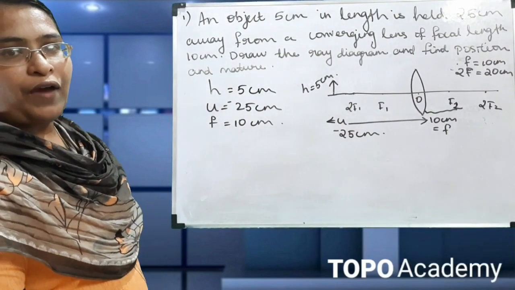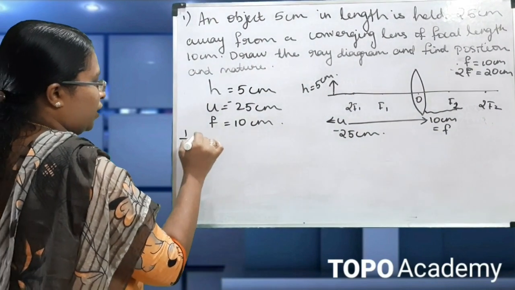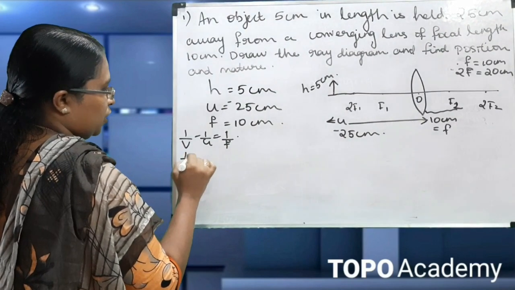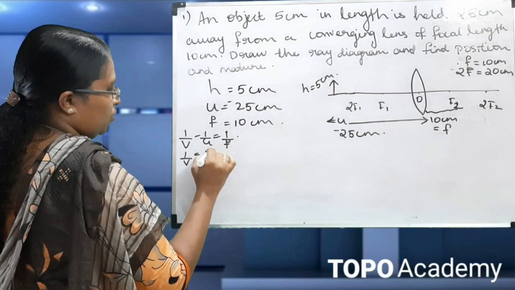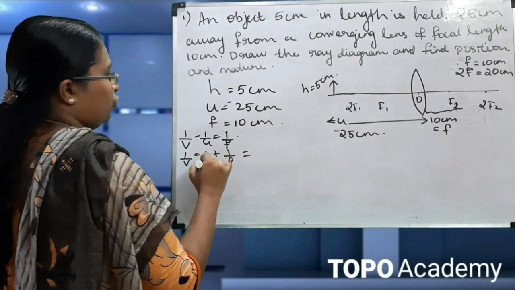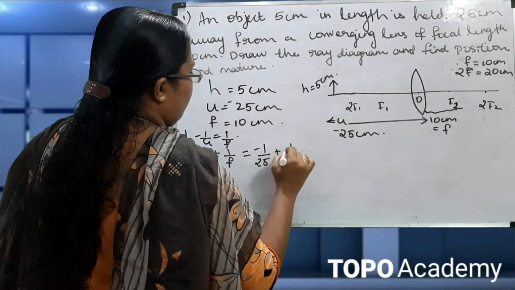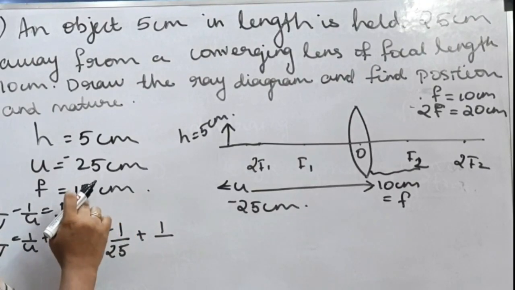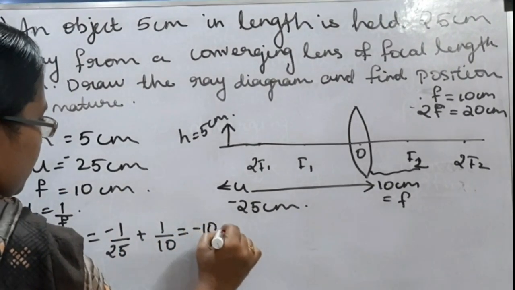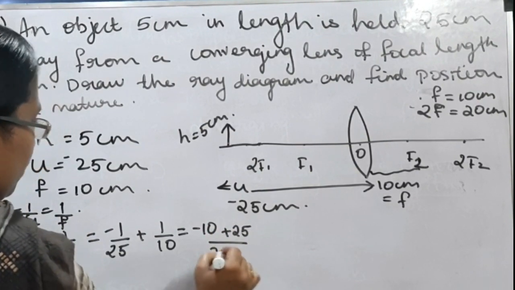So next we have to find the value of V. We can use the lens formula: 1 by V minus 1 by U is equal to 1 by F. So 1 by V is equal to 1 by U plus 1 by F. What is the value of U? It is minus 1 by 25 plus 1 by 10, which is equal to (minus 10 plus 25) by 250.